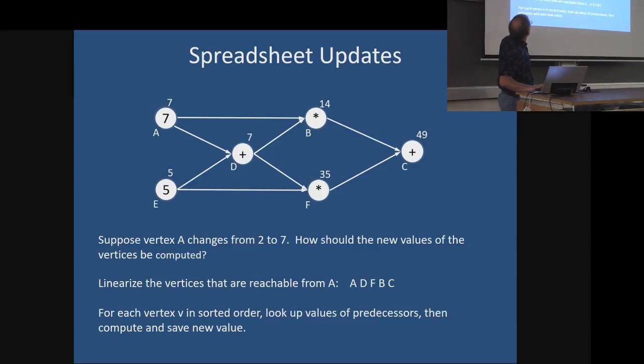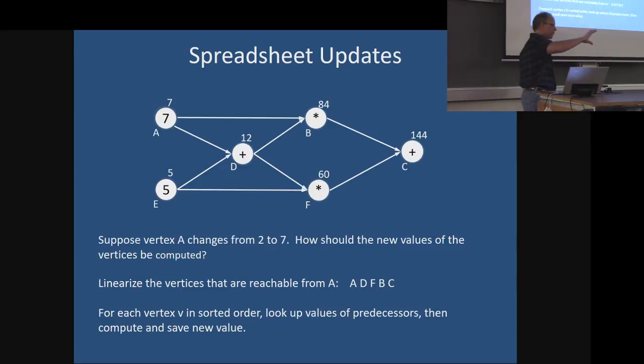So we add the 5 and the 7, and we get a 12. Then it says to do F next. So we multiply the 12 and the 5. Then it says to do B next. There we multiply the 12 and the 7. And then it says to do C. We add the 84 and the 60.